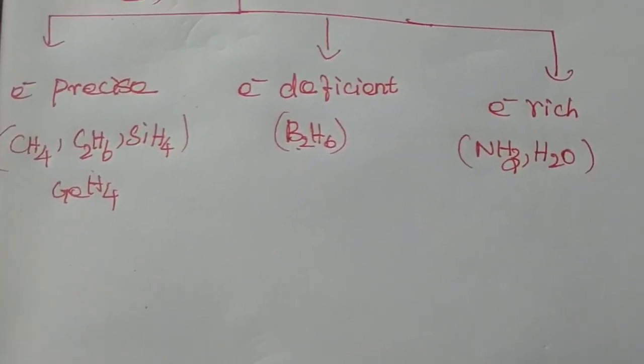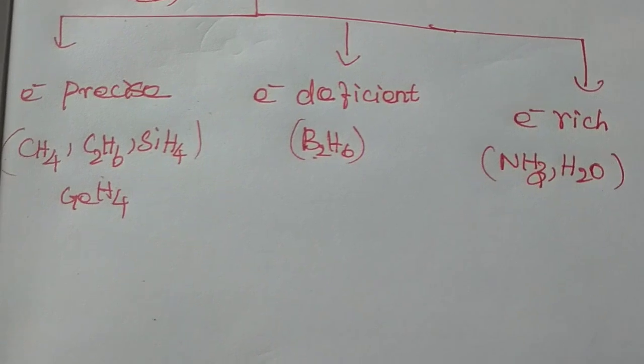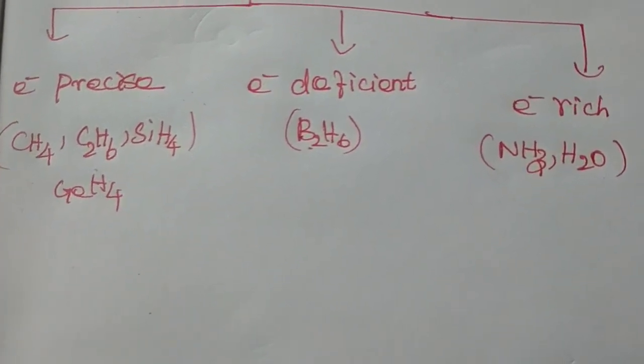Most of the covalent hydrides are discrete compounds and small molecules.